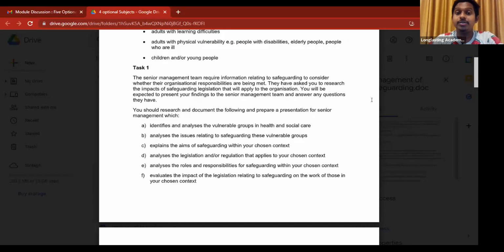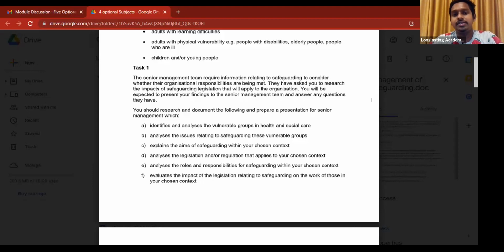They have asked you to research the impacts of safeguarding legislation that will apply to the organization. You will be expected to present your findings to the senior management team and answer any questions they have.